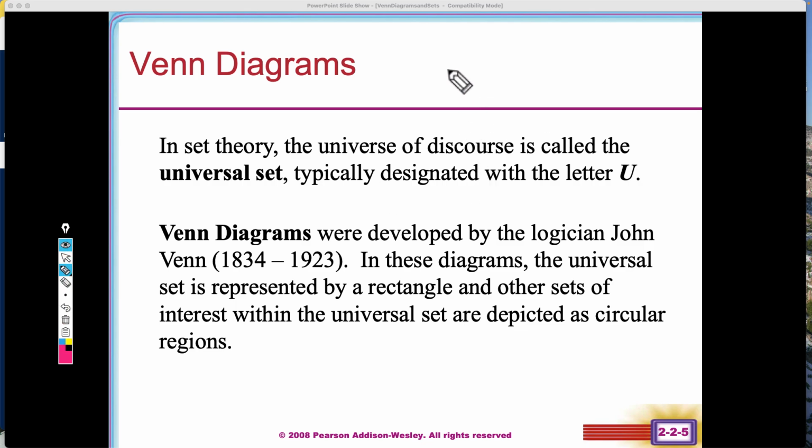What he did was take circles, and if something was in the set, let's go with pickup trucks, then it would be in the circle. If it's not in the circle, what do we know about the thing that's not in the circle? It's not a pickup. We don't know what it is, but we know anything out here is not a pickup.